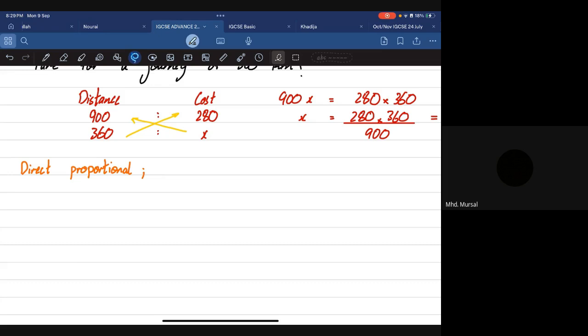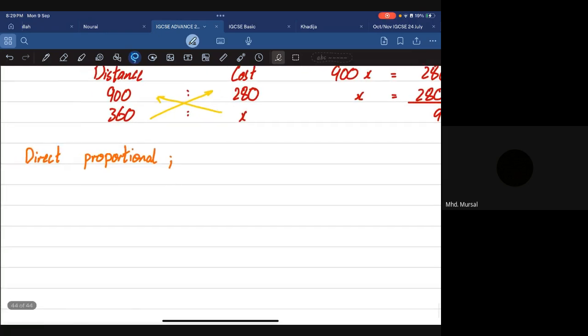So with inverse proportion, one quantity increases and the other quantity goes the opposite way: it decreases if the first quantity increases, or increases if the first quantity decreases. Similarly, with direct proportionality, if one quantity increases, the other quantity has to increase, or decrease if the first quantity decreases. So the quantities are linked with each other.